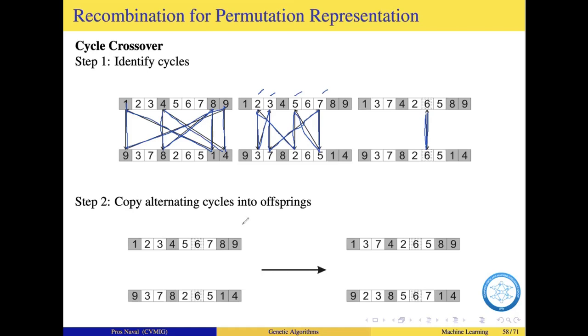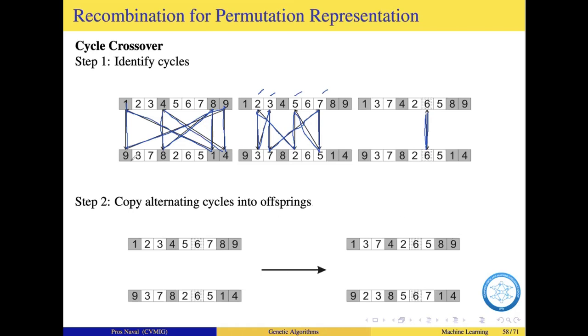The next step is to copy alternating cycles into the offspring. So for the first offspring, we just have this, the ones in gray, coming from the first cycle. So 1, 4, 8, 9.